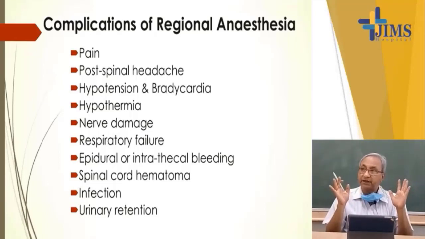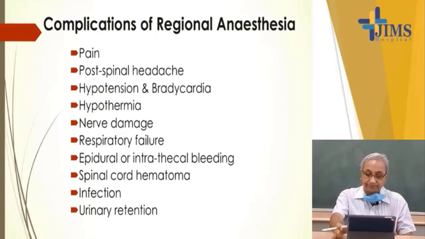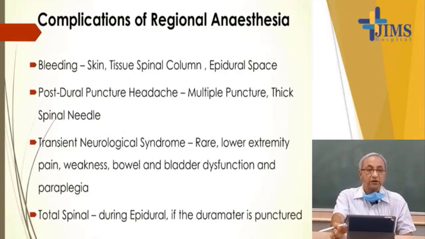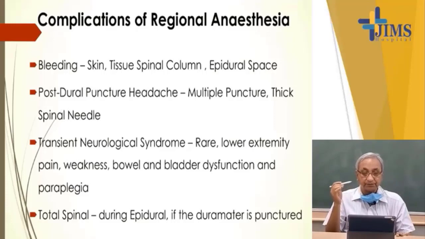Epidural or intrathecal bleeding can occur because of inadvertent puncture of a vessel. Infection and urinary retention. Continuing, there can be bleeding from the skin, tissues, spinal column or epidural space. PDPH, transient neurological symptoms we had already said, it is rare but can occur, and total spinal of course we had discussed before.